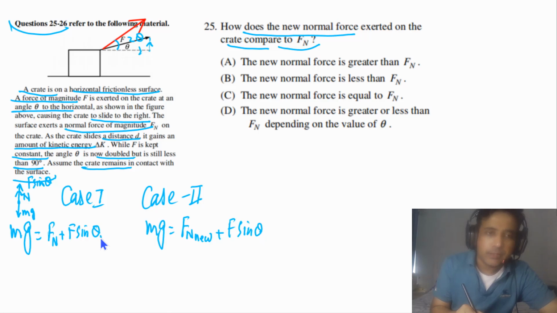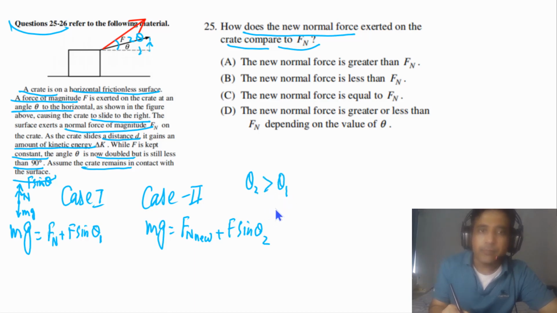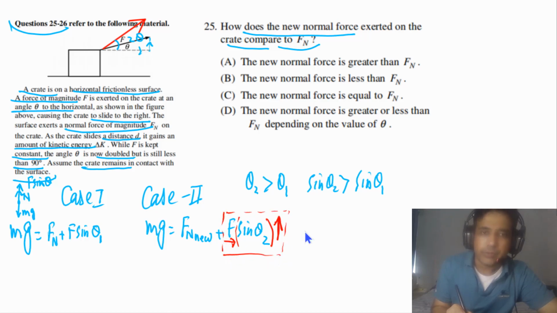We can say this is theta 1 and this is theta 2. As in the question it is given that theta 2 is greater than theta 1, it also means that sine of theta 2 is greater than sine of theta 1. If sine of theta 2 is greater, meaning this quantity increases and the other remains constant, overall this will increase.